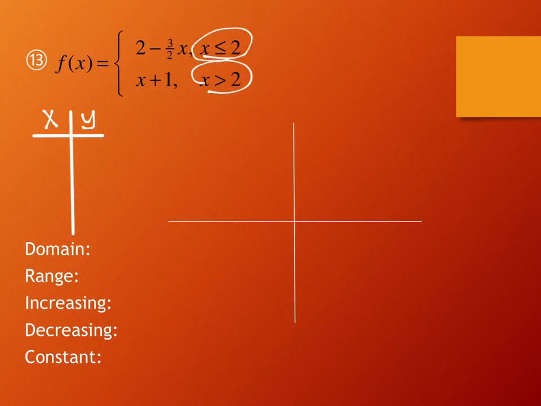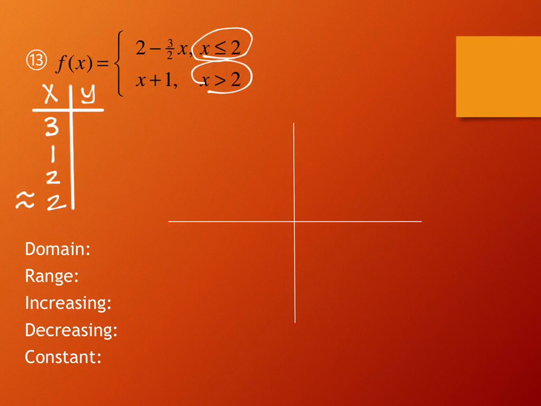So I'm going to pick a number bigger than 2, so maybe I pick like 3, right? And I'm going to pick a number smaller than 2, so maybe I pick like 1. It doesn't really matter. I just pick something bigger than 2 and smaller than 2. And then I also need to pick 2 and approximately 2, and you'll see why here it's different.